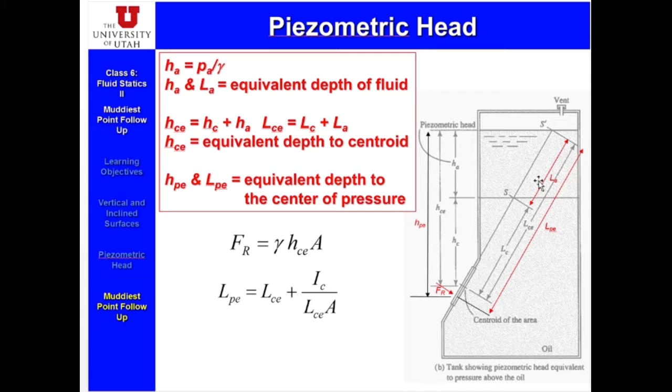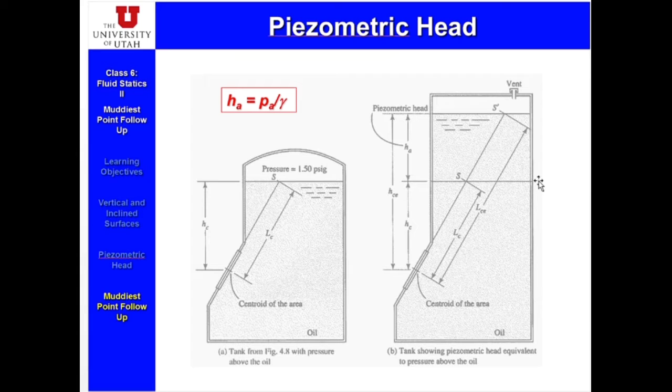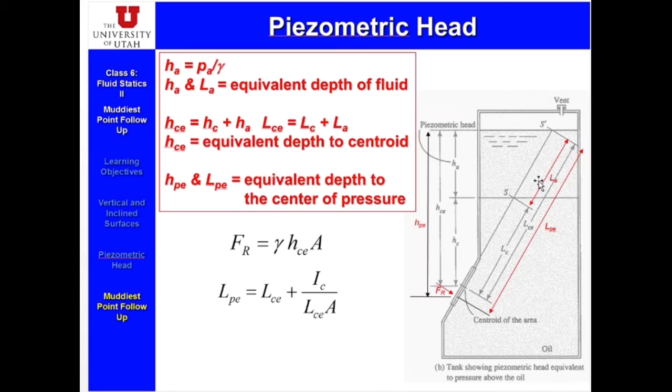We already know that H sub A is equal to P sub A divided by the specific weight, where P sub A is the equivalent pressure that's added. H sub A and L sub A are the equivalent depths of fluid.